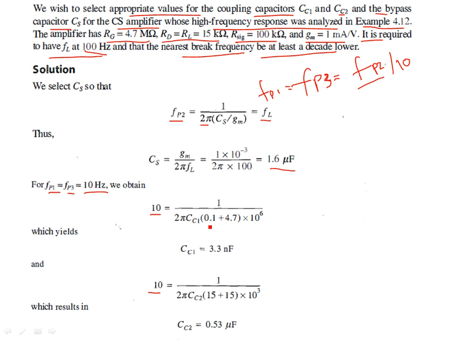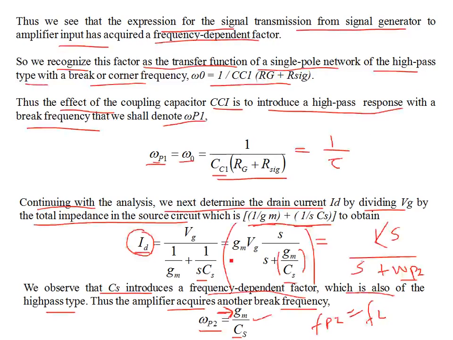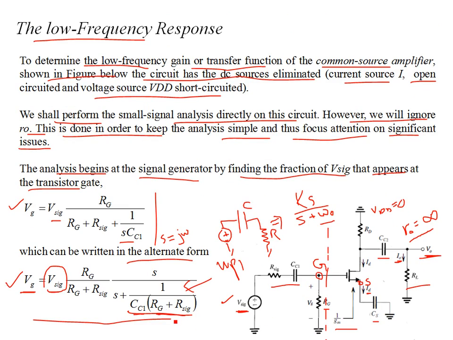This is for the coupling capacitor CC1 at the source. You can see these values over here; just substitute them, they are given.